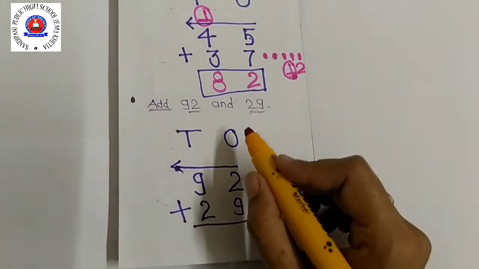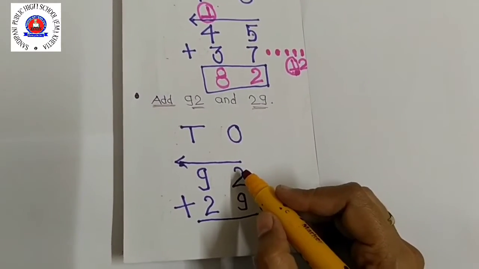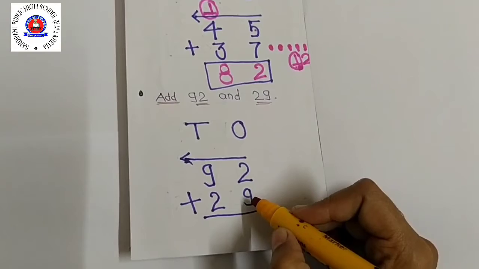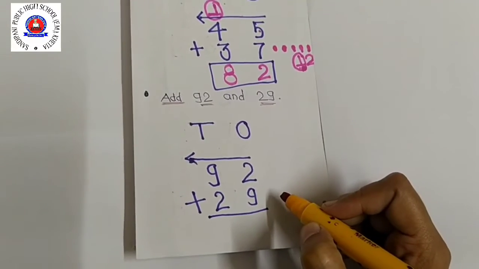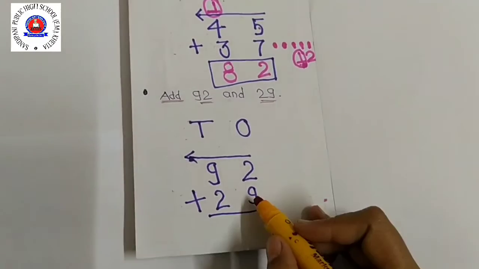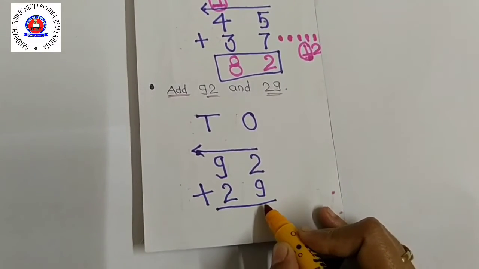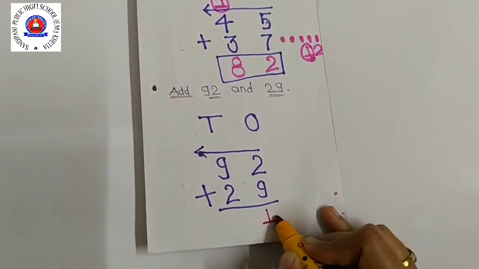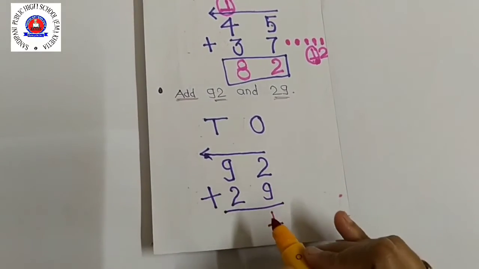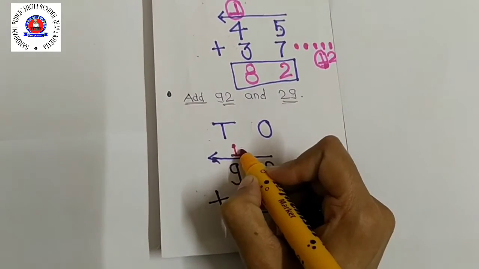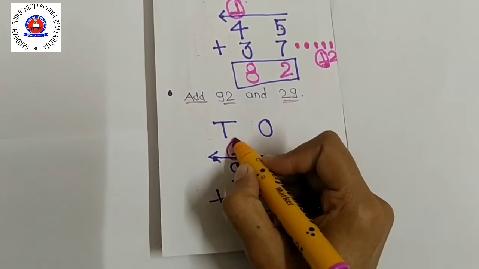Now first the ones column. 2 plus 9, so draw 9 dots, otherwise you have to count on fingers. 9 plus 2 is what? 10, 11. So write here 1. And 1 is carried over to the tens column.